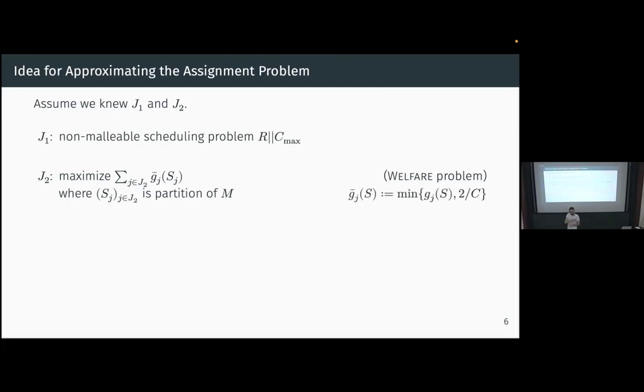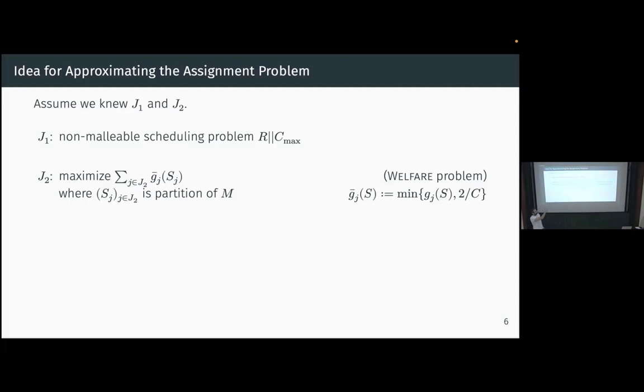We could just truncate the jobs' processing speed functions. So we're not interested in getting a job that is very, very fast, that finishes very, very fast. So to even it out, we truncate all the processing speed functions at 2 divided by c. Right? And if we do that, then, knowing from the previous result that there exists some assignment that runs all these jobs in time 2c, we know that this also has a solution where each job receives 2c.